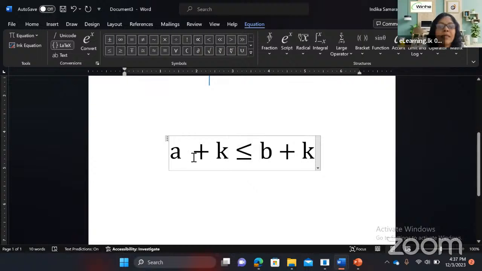If you add a positive constant value to both sides, the inequality sign will not change. If A is less than or equal to B, then A plus K is also less than or equal to B plus K, right?